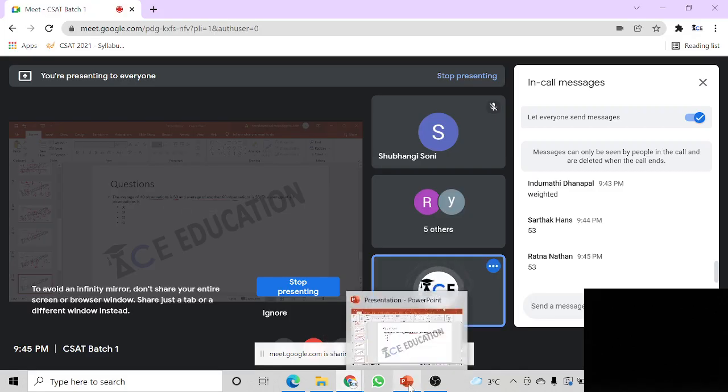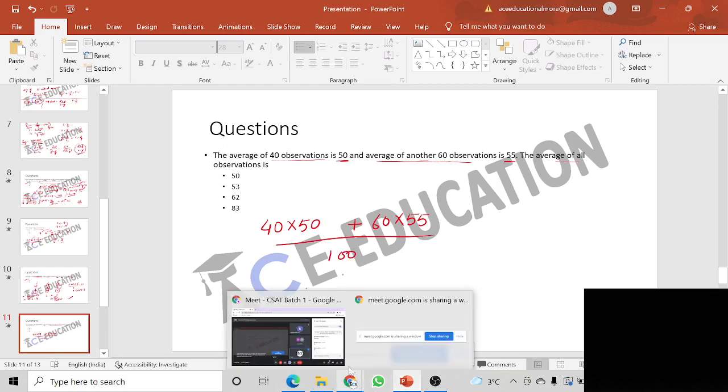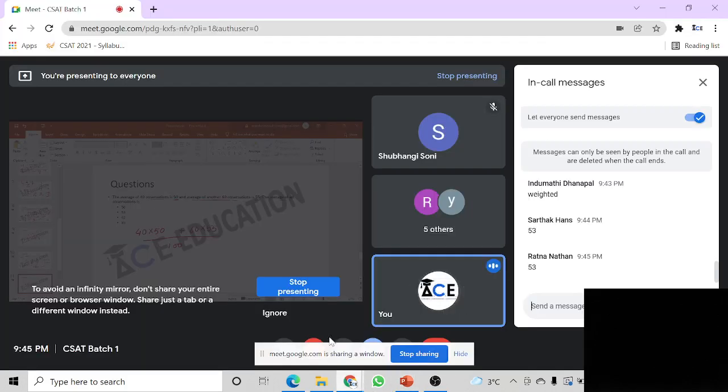Perfect, perfect, guys. So, what is the method that you guys adopted? Is it 40 multiplied by 50 plus 60 multiplied by 55, divided by 100? Yeah, is this the thing that you guys did? Yeah, perfect.